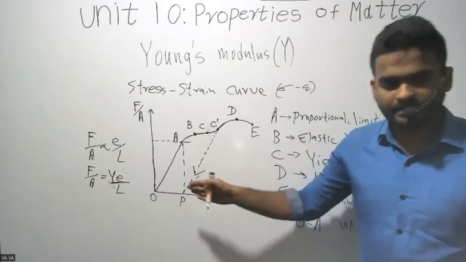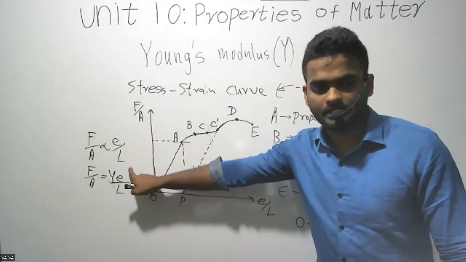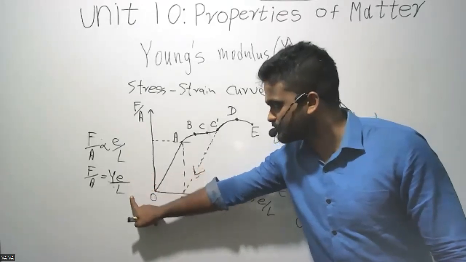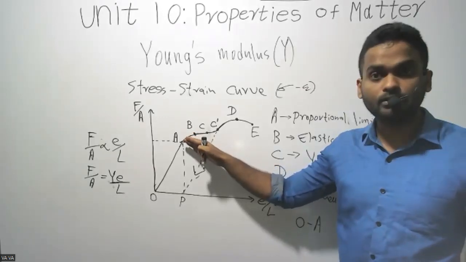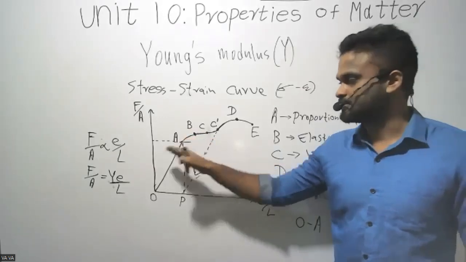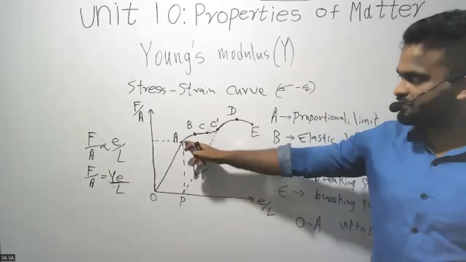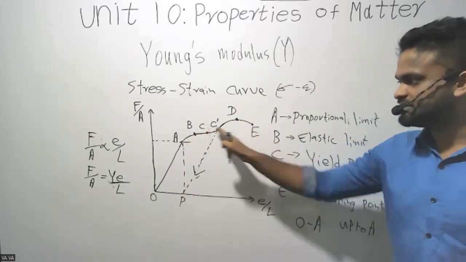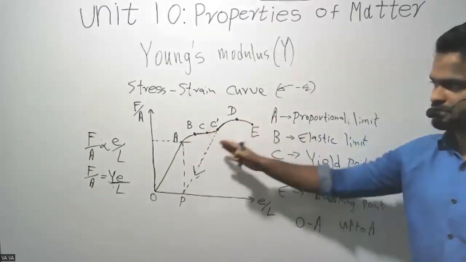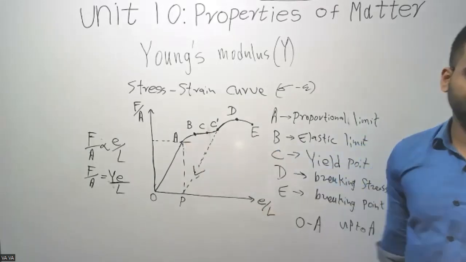This equation is only applicable up to A, right? So after that, it is not proportional. So we cannot use this equation after this. It is only up to A.